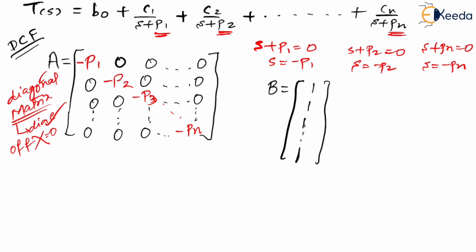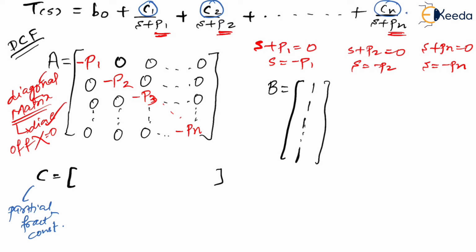Yes. In this C matrix, you are going to have these partial fraction constants, meaning C1, C2 up to Cn.